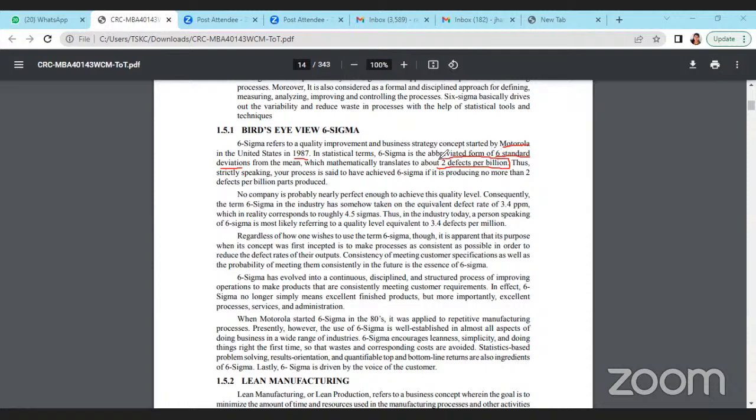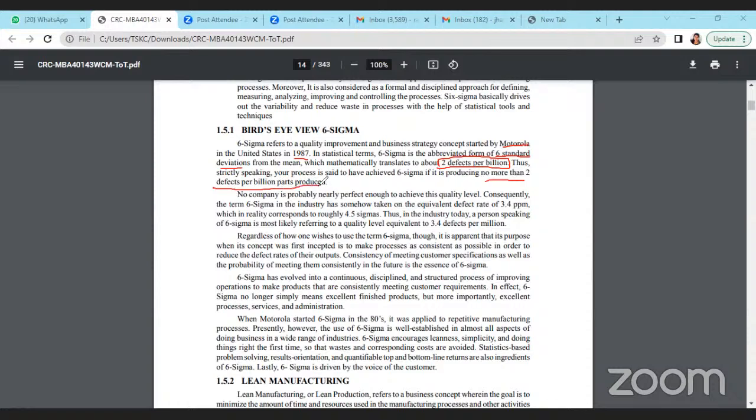If you are producing a billion products, there should be only 2 defects. Strictly speaking, a process achieves Six Sigma if it is producing not more than 2 defects per billion parts produced.